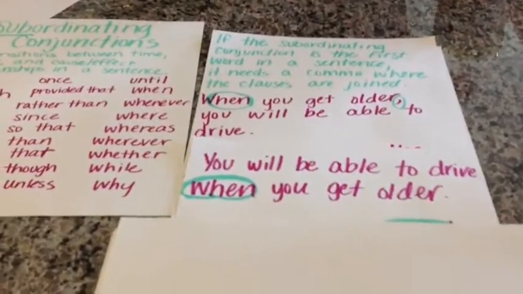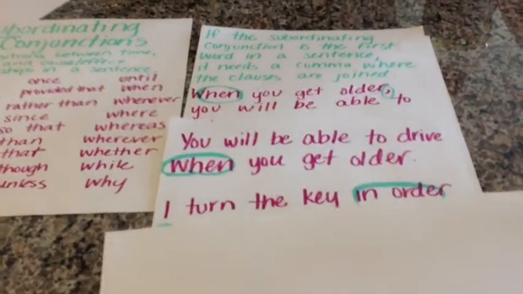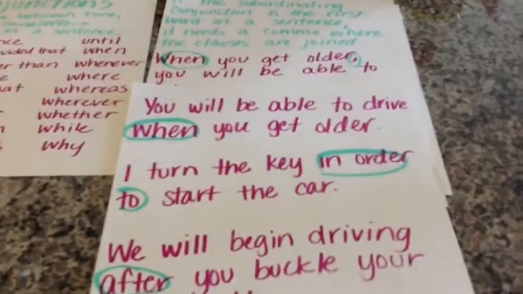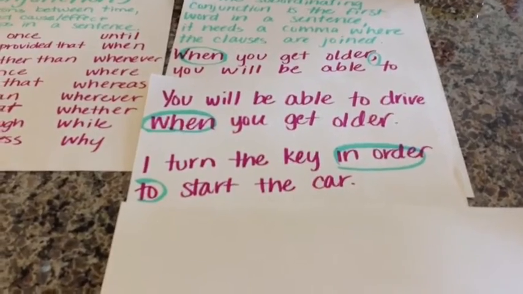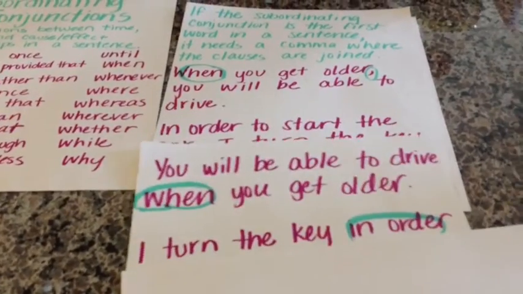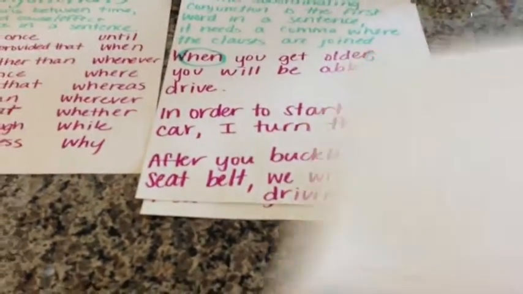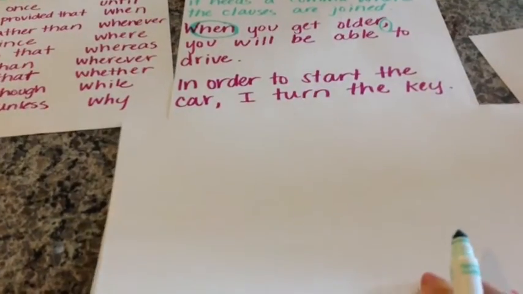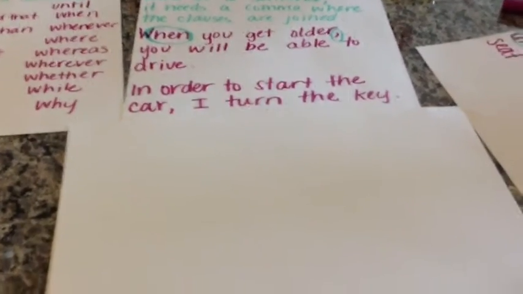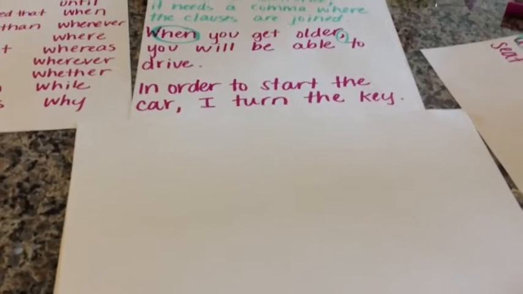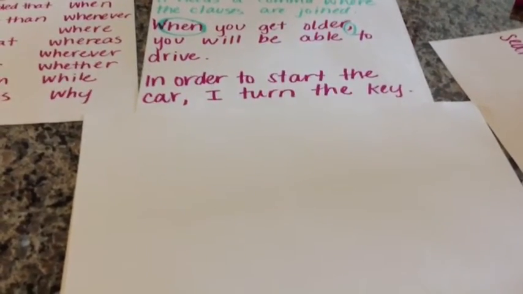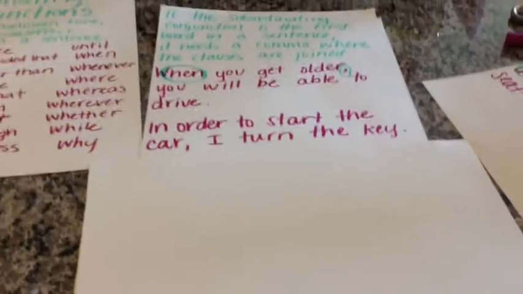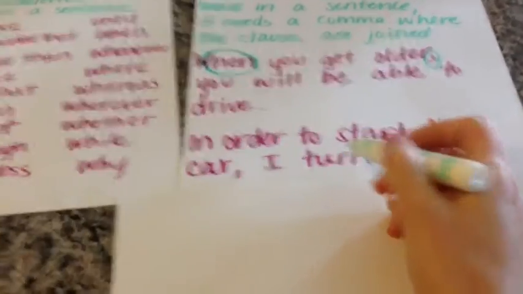All right. Our second sentence example I showed you earlier said, I turned the key in order to start the car. So we're going to change that sentence around a little bit and say, in order to start the car, I turn the key. What is your subordinating conjunction again? You said it earlier. Hopefully you remembered it was "in order to."